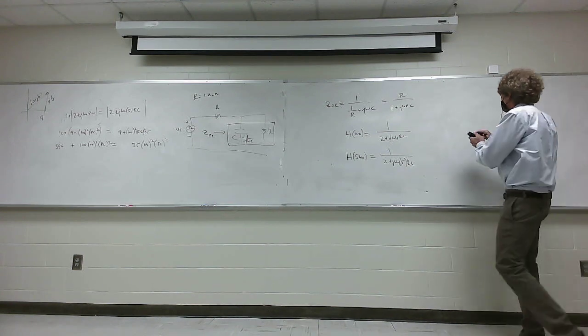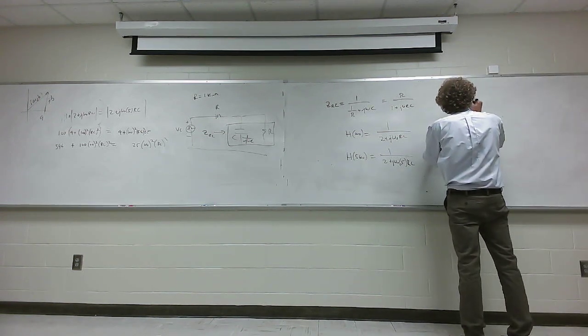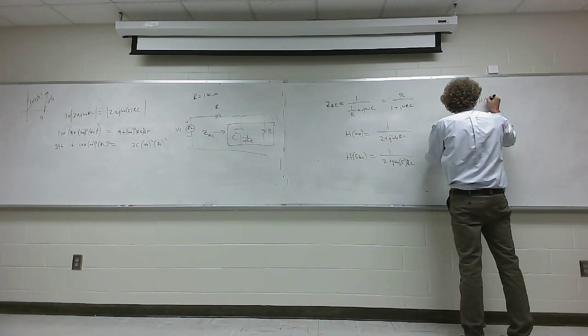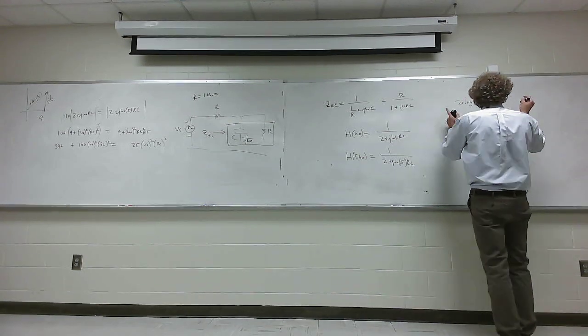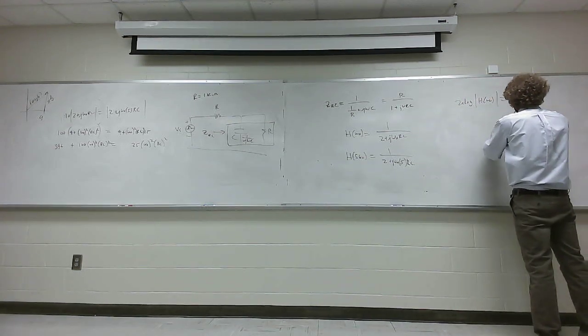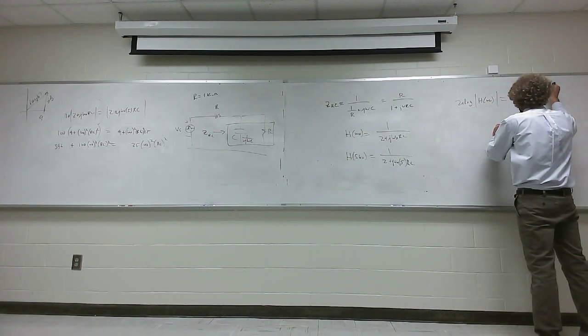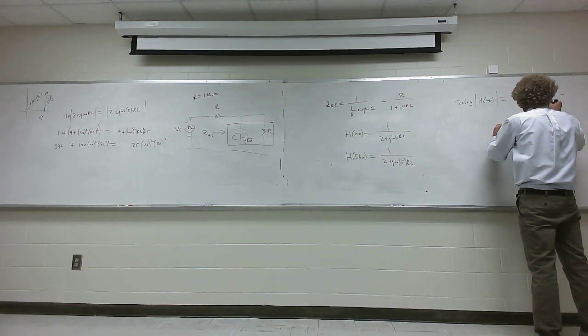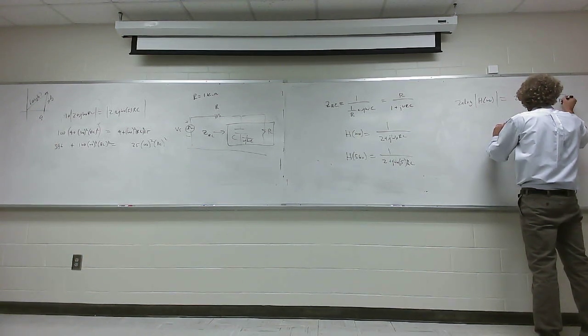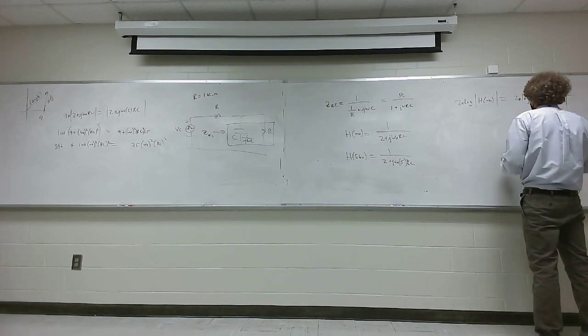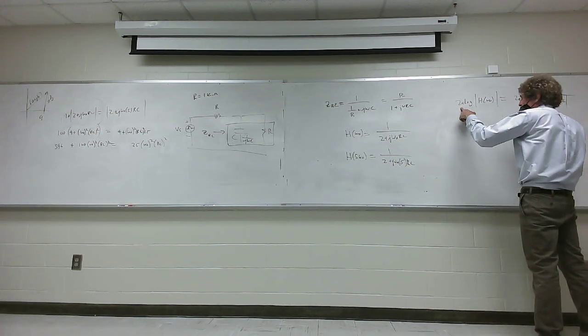If I take 20 times the log of the magnitude of H of omega naught, I get this value. So the way he had it, he should have 1 over 1 plus j omega naught RC times 6. That's it. That's the magnitude there.